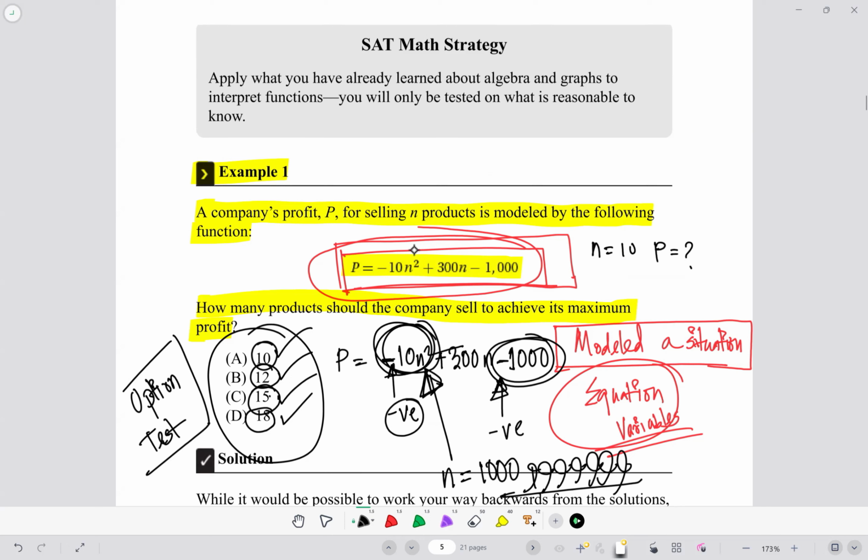So if you do this with the option test, you can do it like this.